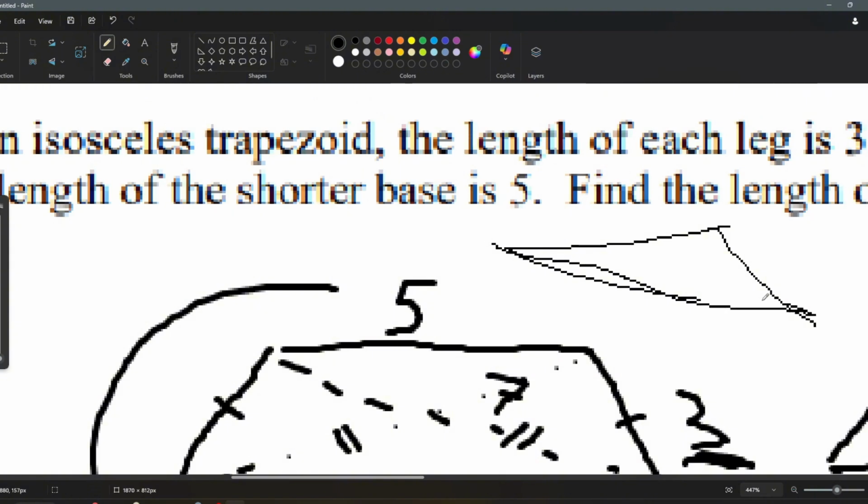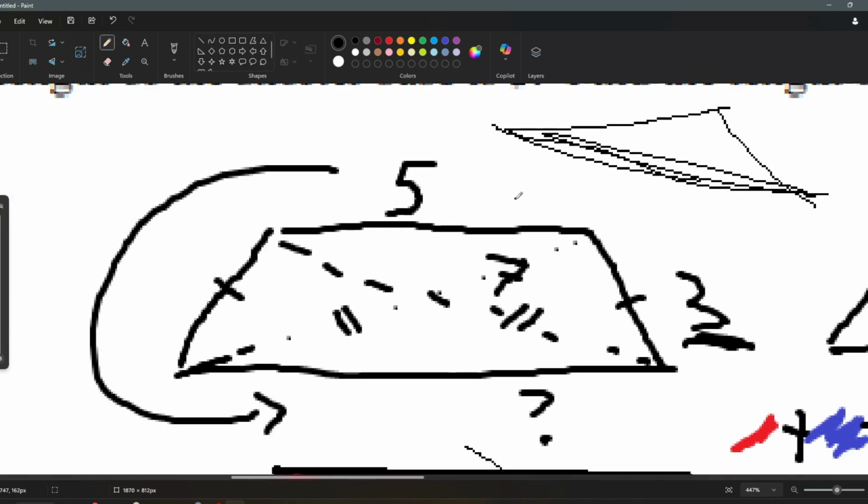If that diagonal is 7, that makes me think the shorter base is 5, so we know it's between 5 and, no, it cannot be longer than 7. Yeah, so I'm gonna guess 6. Wait, can it be longer than 7?